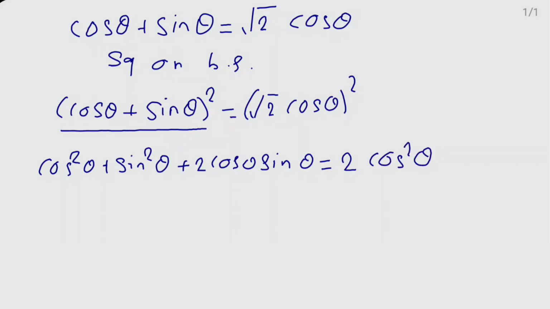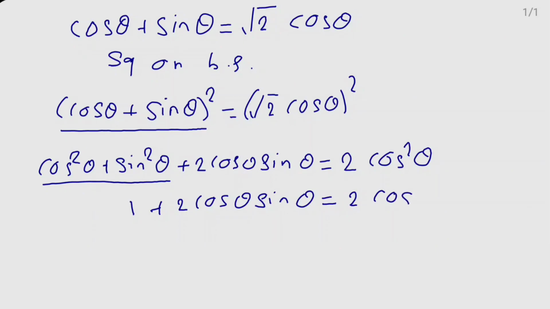And now we know that cos square theta plus sin square theta is 1, so 1 plus 2 cos theta sin theta equal to 2 cos square theta as it is.